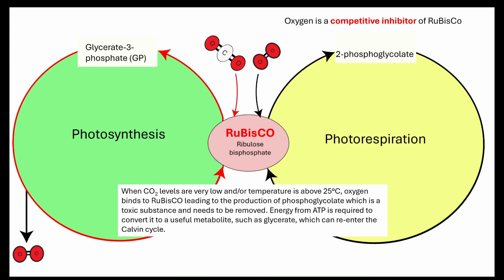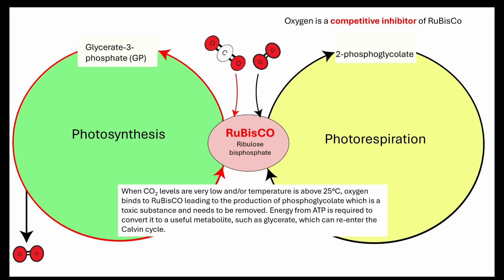Remember, those stomata have now been closed to save water. Also, if there's an increase in temperature, we've got more kinetic energy. More kinetic energy means that the competitive inhibitor is going to also have more kinetic energy and therefore could be competing for rubisco.